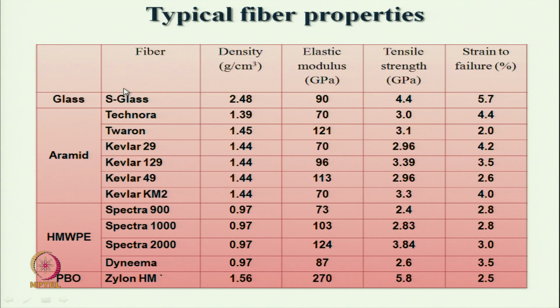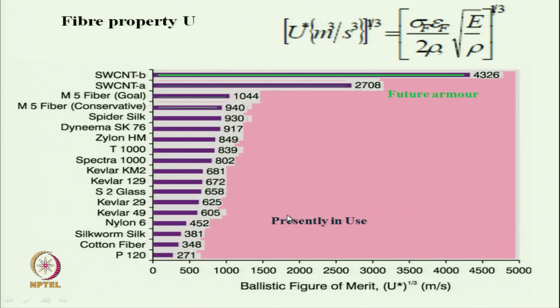These are the general properties of some of the fibers used for ballistic protection: glass, aramid, polyethylene, then PBO. High molecular weight polyethylene like Spectra and Dyneema is used for bulletproof fabric. PBO is also used, and from the known properties we can calculate the fiber property U value.